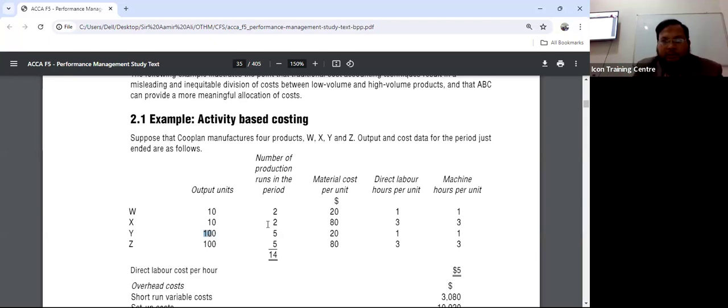right? So you can see here that in order to produce these units, you need to run some production processes. In order to produce W, you have to run your process how many times? 2 times. You know, sometimes it happens. I mean, if you take an example of a printing press, they have to start up the machine.